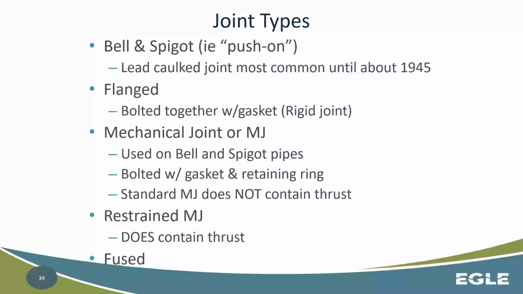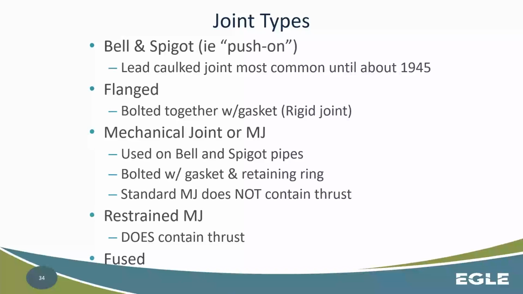The restrained MJ joint, though, does contain thrust. So keep that distinction in mind. There's mechanical joint, or an MJ, and then there's a restrained MJ, a restrained mechanical joint. That does contain thrust to some extent, and that will keep those pipes together, holding those together, not just necessarily focused on holding the gasket itself.